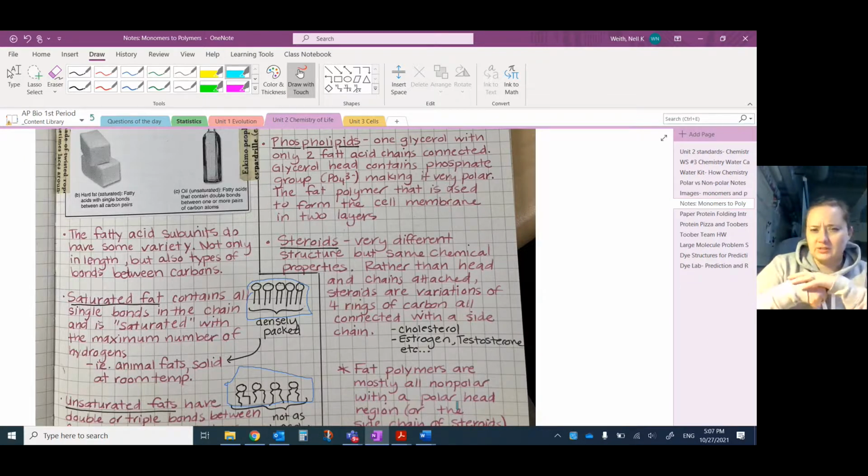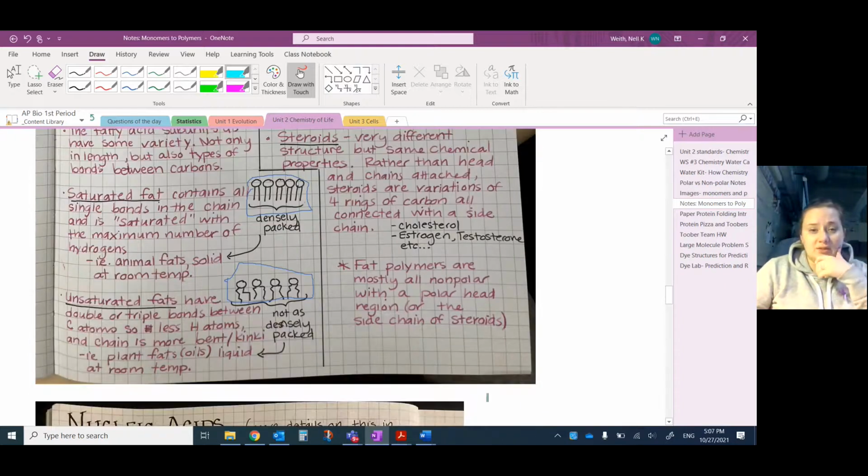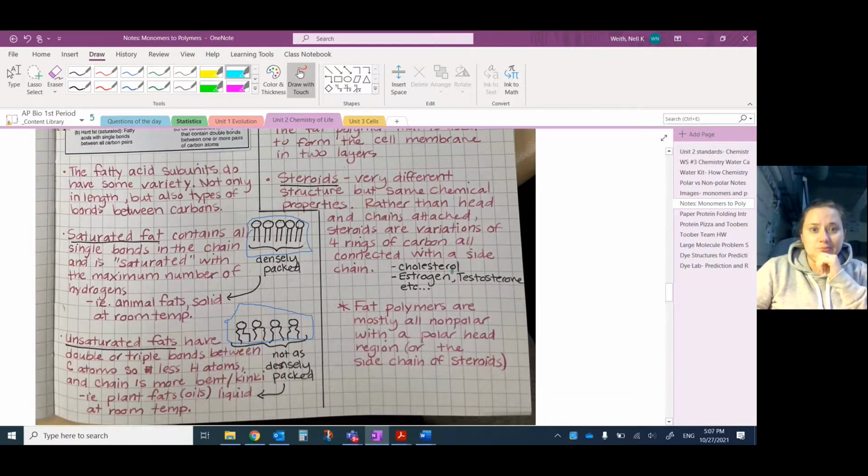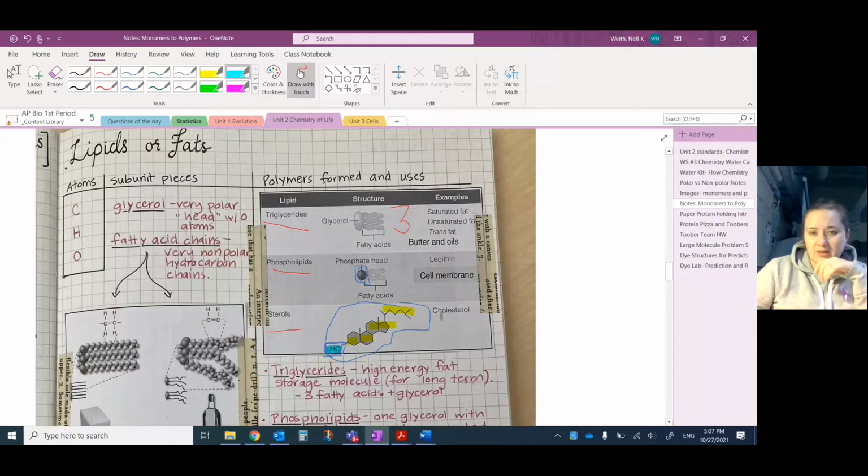So just something kind of neat with that. But there are a lot of varieties within the steroids. But we will get more into them if we have examples specifically of hormone information, stimulus, and how your body responds. So fats is pretty simple.